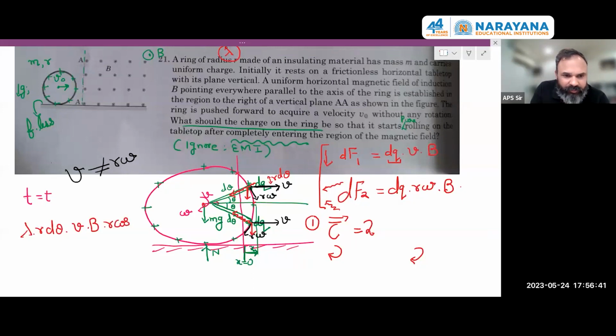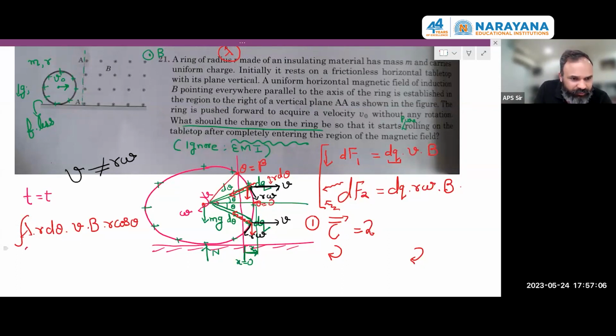Then integrate this from theta equal to 0, let's say this location, to the last point, the entry point, where theta is equal to some angle. You can take that angle as beta or alpha, whatever. Take it as beta. Alpha I will use for angular acceleration.